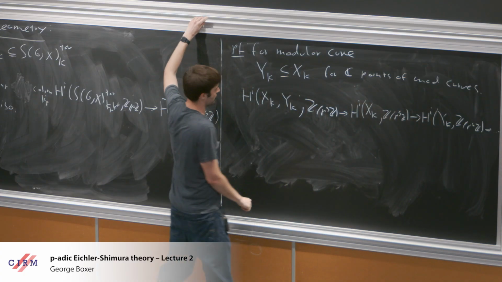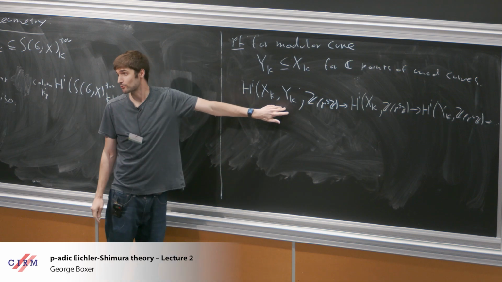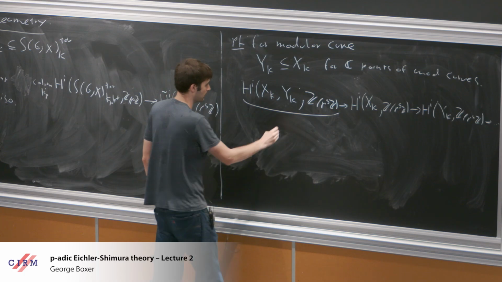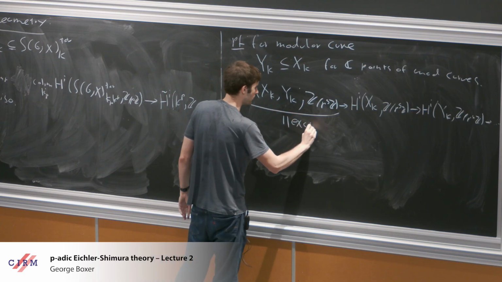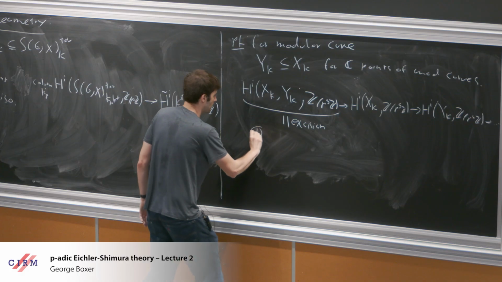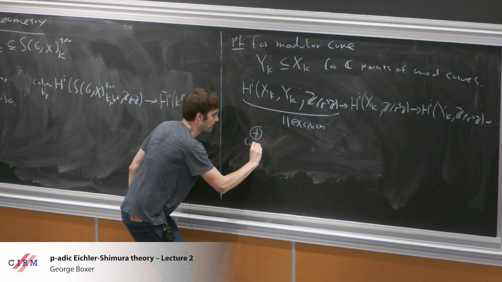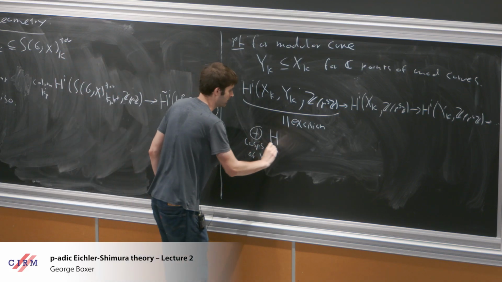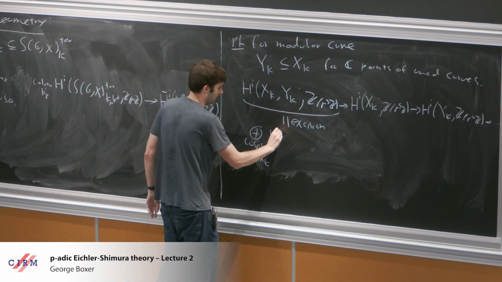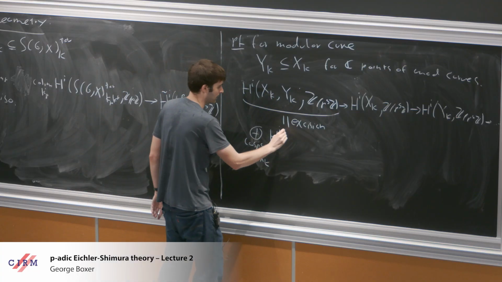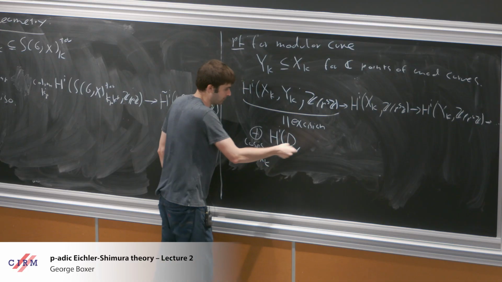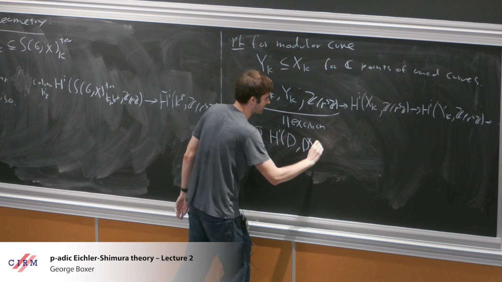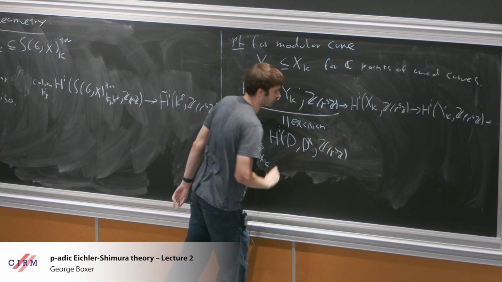And so really, this is a statement about this relative cohomology. And so what is it? Well, by excision, this is just a sum over the cusps of the relative cohomology of a neighborhood of the cusp and the punctured neighborhood of the cusp. So it's the relative cohomology of an open complex disk and a punctured open complex disk with Z/p^s coefficients.